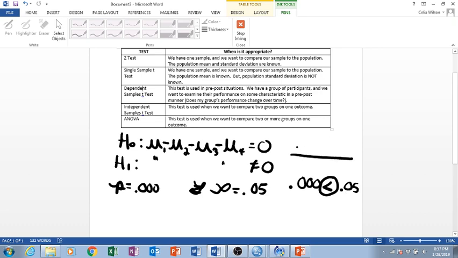If it's less than 0.05, if 0.05 is here, then it's going to be further out in the tail. So that probability is going to be less than my cutoff value, my critical value. So it is going to be what? Statistically significant.